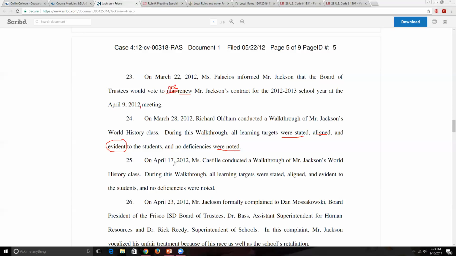On April 17, 2012, Ms. Castilla conducted a walkthrough of Mr. Jackson's world history class. During this walkthrough, all learning targets were stated, aligned, and evidenced to the students, and no deficiencies were noted. This is basically a repeat of what we saw before. We had the same problems with it.